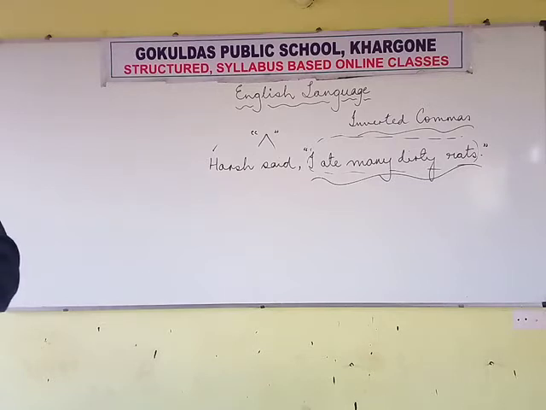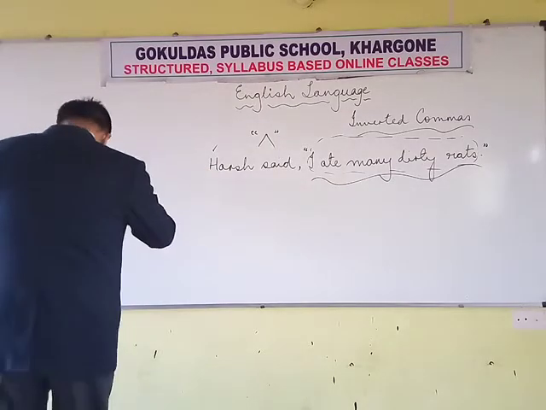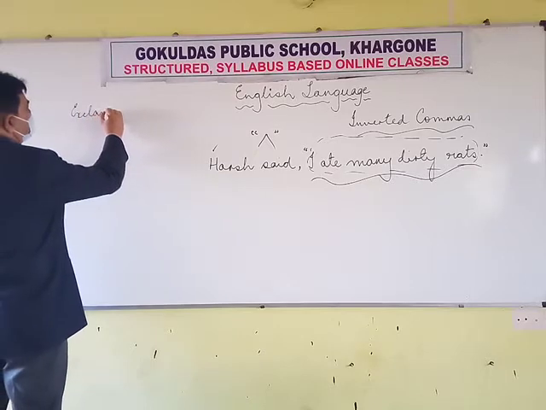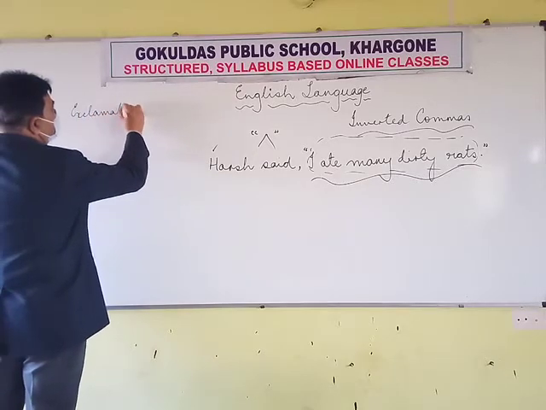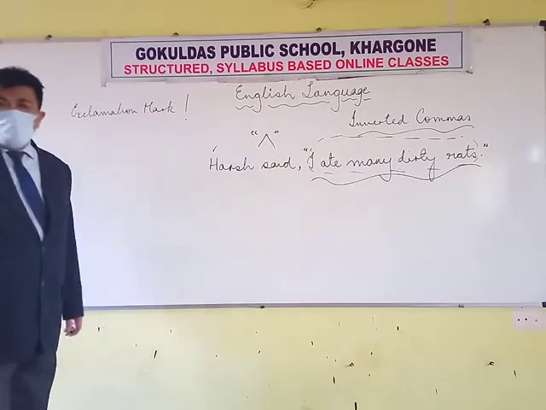Now there are other punctuation marks also, semicolon is there, the exclamation mark is there, but we don't use them. Okay? Now exclamation mark, let me tell you that also. This is the exclamation mark.